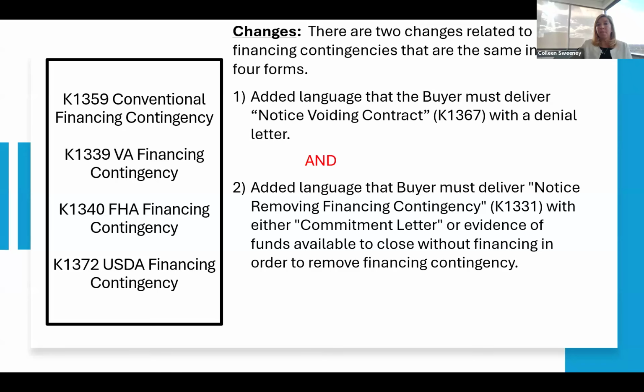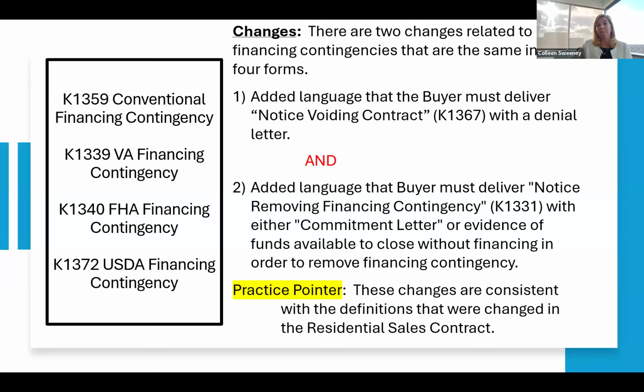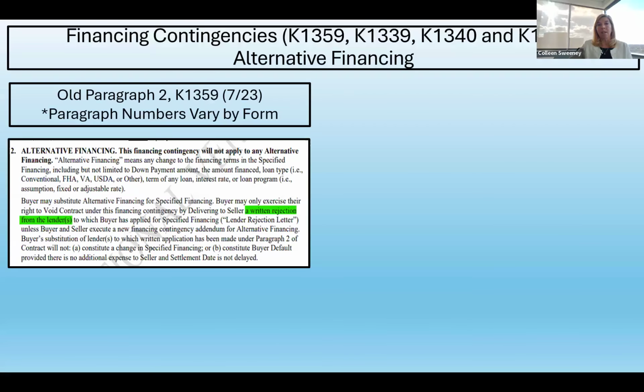And added language that the buyer must deliver the notice removing the financing contingency, K1331, with either the commitment letter or evidence that the funds are available to close without financing in order to remove the contingency. I gave you a little background about why that was, but this is important to keep in mind. These changes are now consistent with the definitions we've already reviewed in the residential sales contract. But a step-by-step process, I think, is helpful.